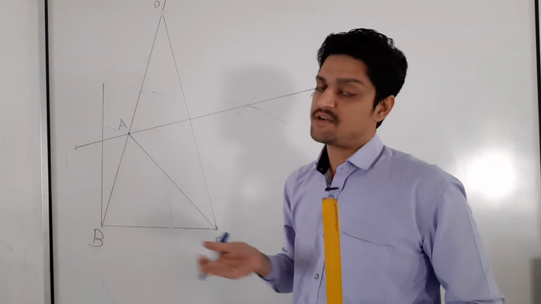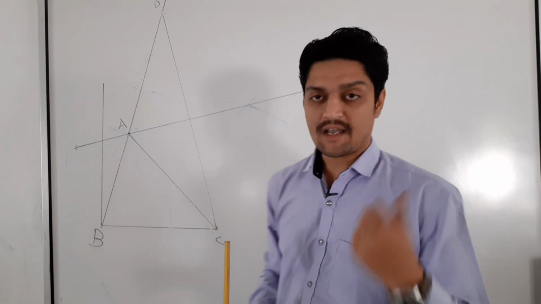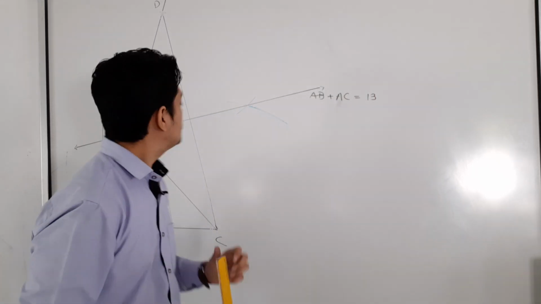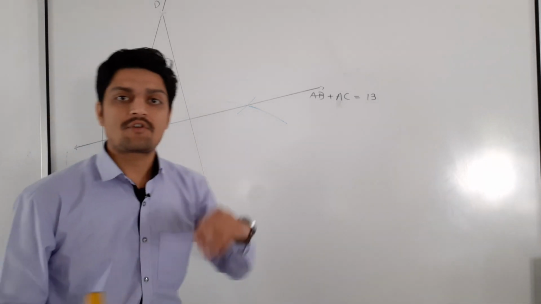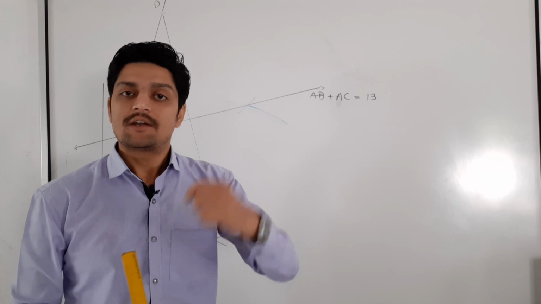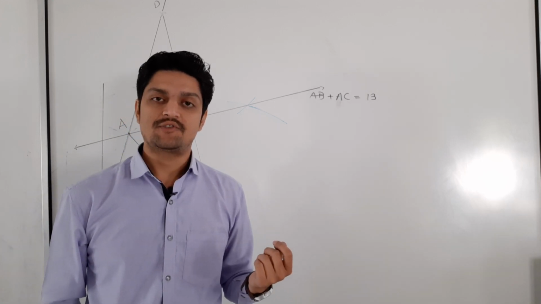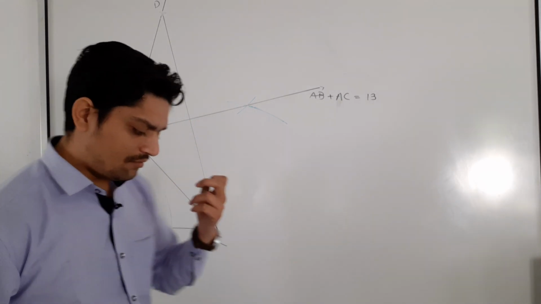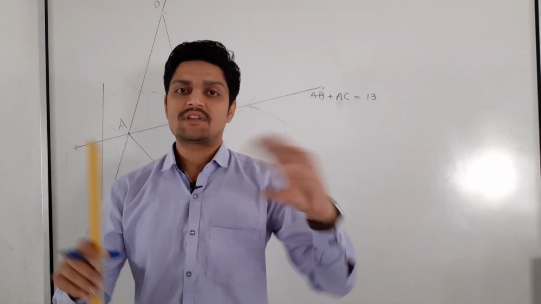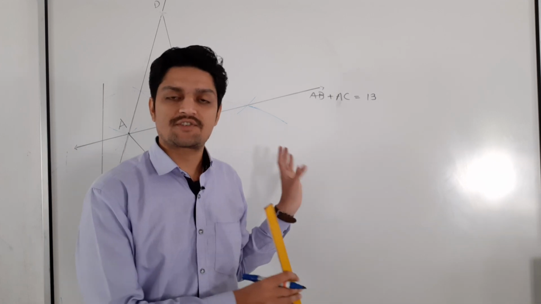Question number first type is complete. Let me repeat. First we have to draw the base, then the base angle. How to draw the base angle I have already taught in my previous lecture, so if you haven't seen it, you should see that first. Without knowing how to draw angles without a protractor, you cannot do this construction.